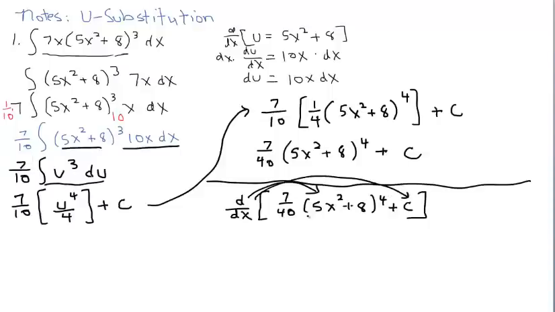Okay, if I'm differentiating going forward, I have to use the power rule. So I notice right here that the outside function's exponent is 4. So if I find the derivative, I would bring the 4 in front, multiply it by 7/40. So 4 times 7/40. Reduce the exponent by 1 and multiply by the derivative of the inside function.